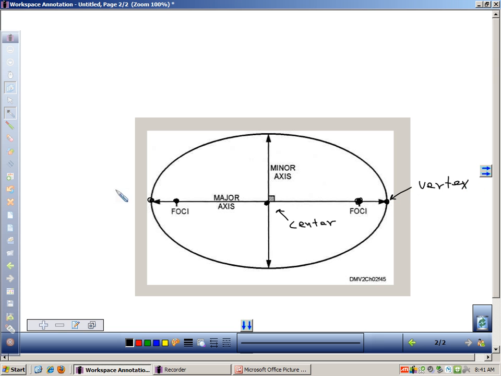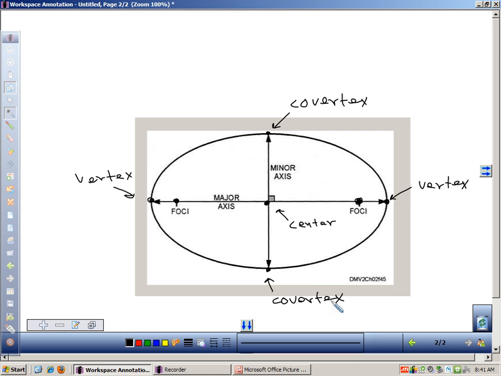So this is one vertex. This is another vertex. The shorter axis of the ellipse is the minor axis. So the major axis is the big one, the minor axis is the small one. These points are called the co-vertices. So this is a co-vertex, and this point down here is a co-vertex.